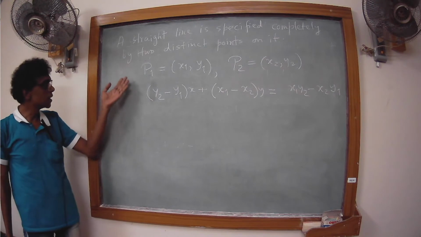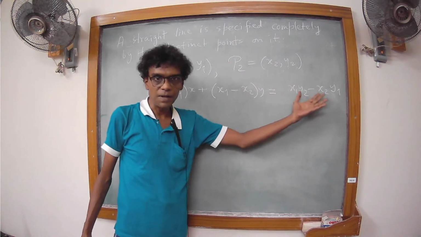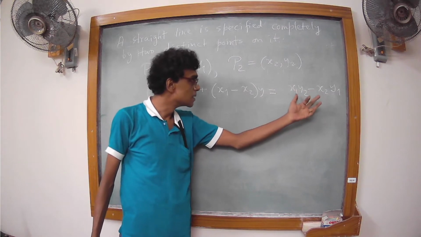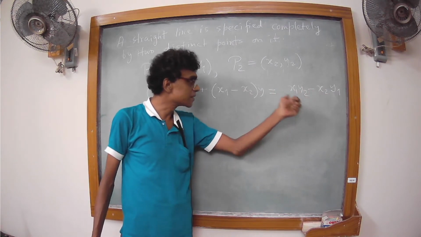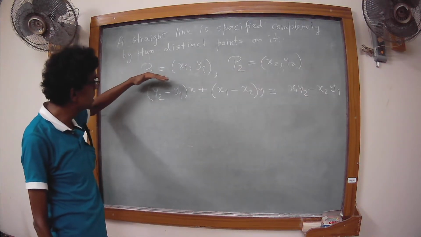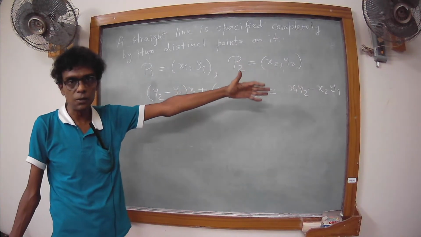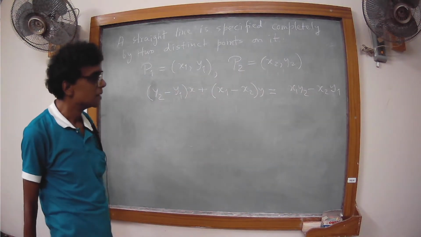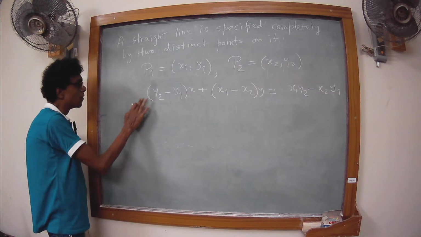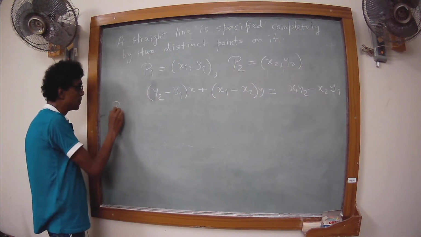So this is the equation of the line. Maybe this may be negative. I just do not fully remember. This either equal to this or plus this equal to 0. So if I want the equation of the line in the form ax plus by plus c or ax plus by equal to c, then this is it. There is another way of finding all points on the line. That is called the parametric form.